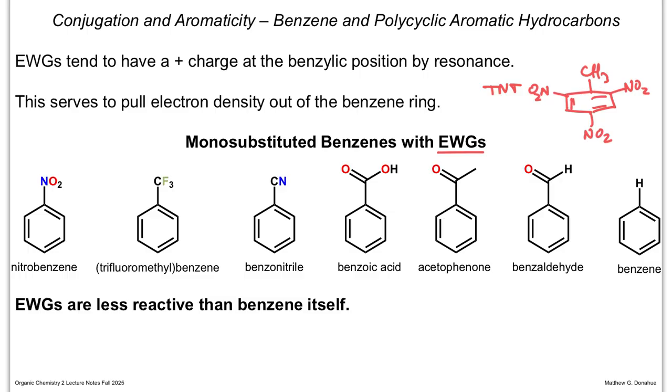And if you remember those resonance forms that we saw in the prior slide where that negative charge was, so the 1,2 and the 1,4. And so that is what is called a high energy material. Basically, it's used to blow stuff up. And it's interesting to think why that is.